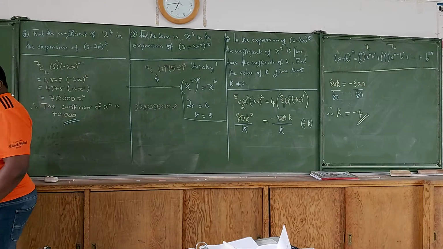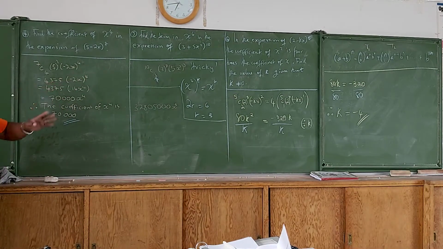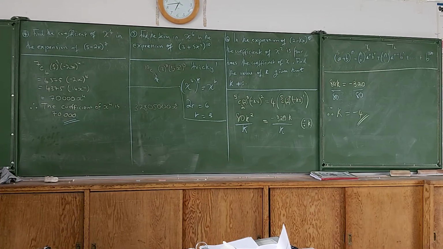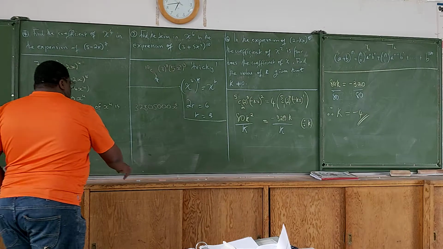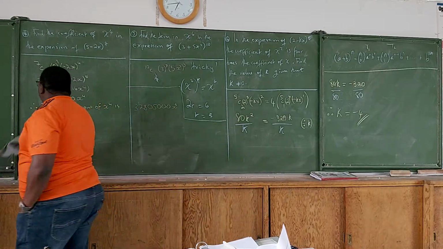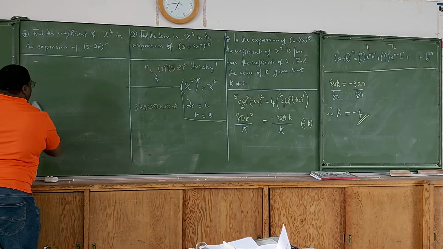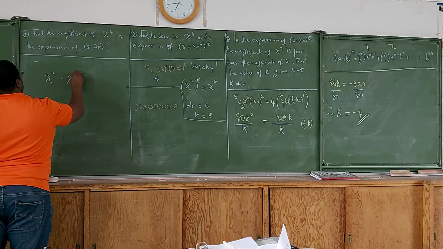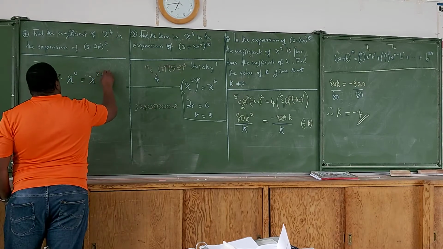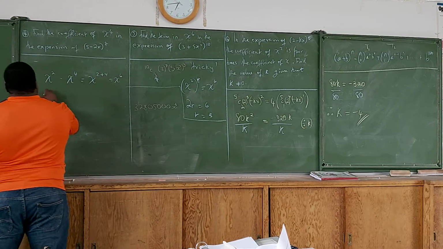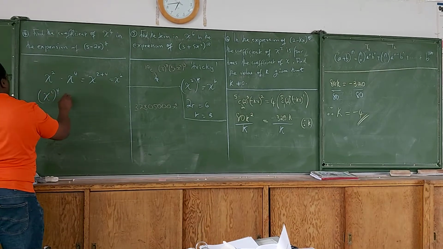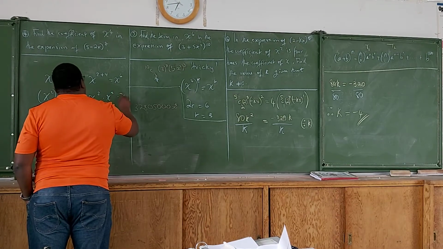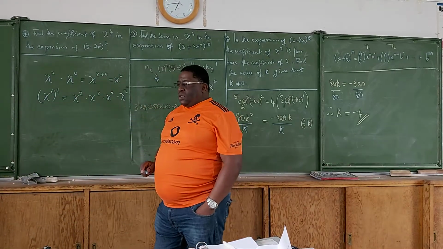In laws of indices, when you are multiplying and the bases are the same, x raised to the power of 2 times x raised to the power of 4, you will be adding the indices. But x squared raised to the power of 4 actually means x squared times x squared times x squared times x squared. Can you see that?